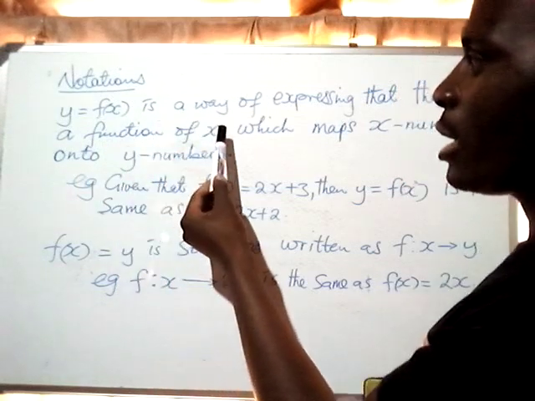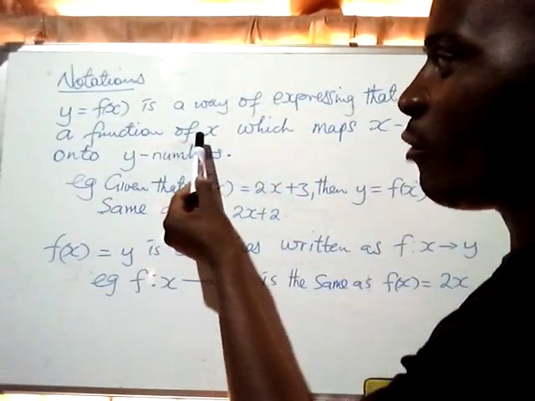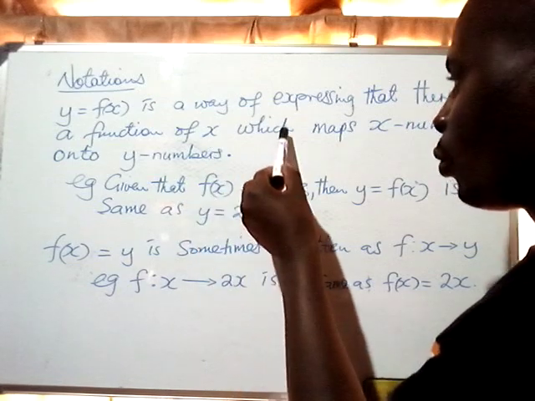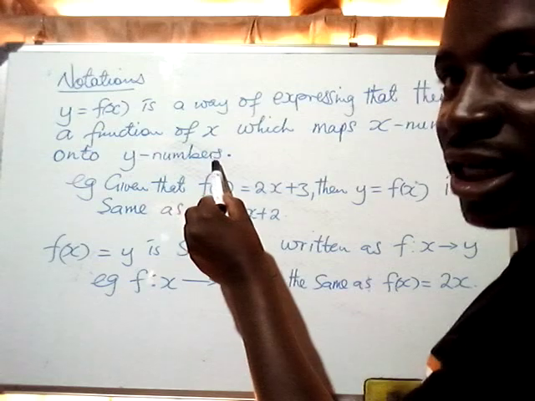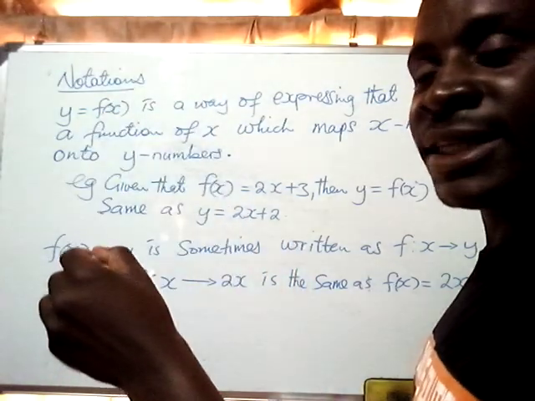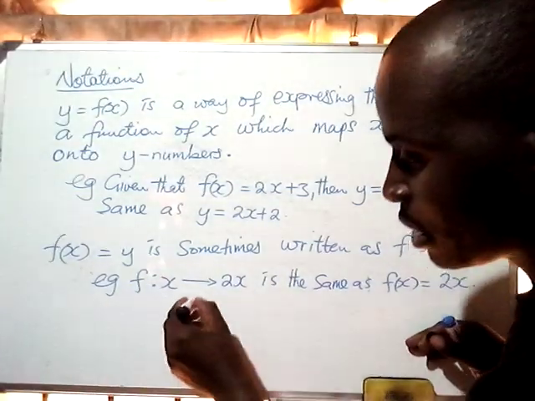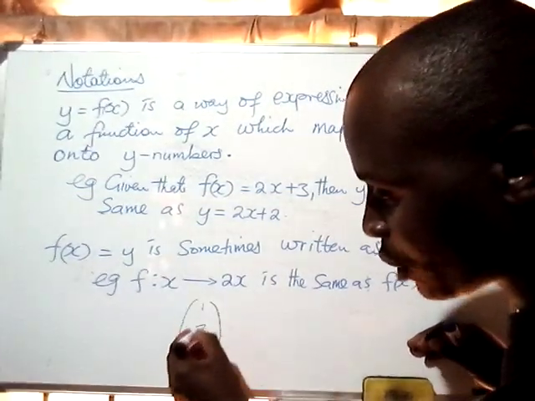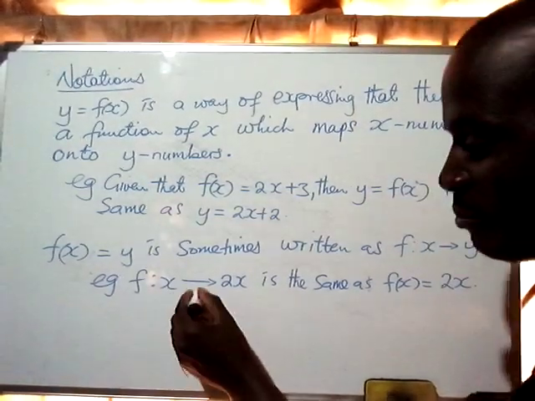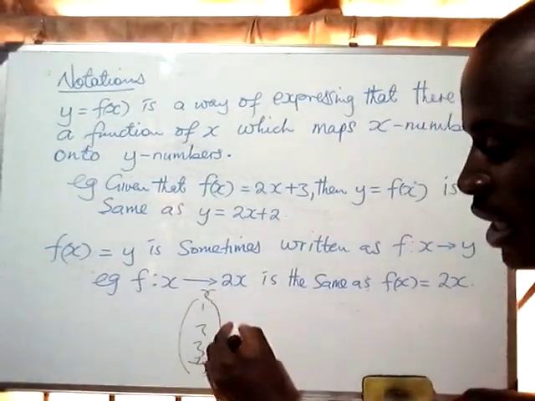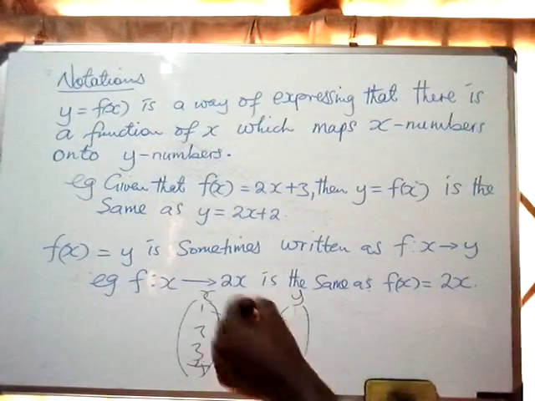It is a way of expressing that there is a function of x which maps x numbers into y numbers. The numbers can be like 1, 2, 3, 4, or negative whatever. These numbers are the values of x. They are mapping onto the values of y.